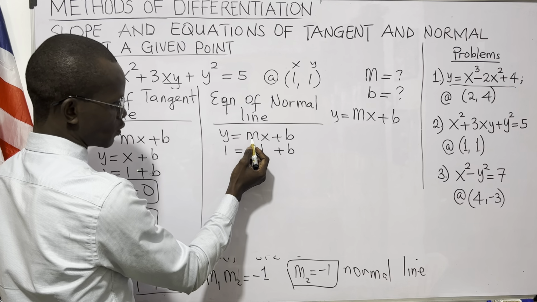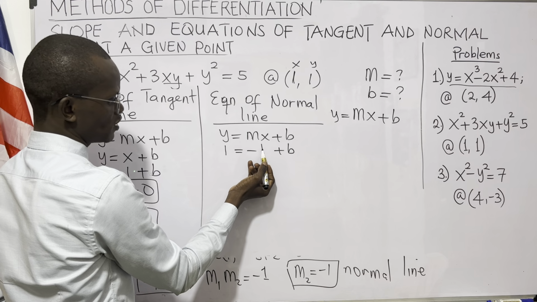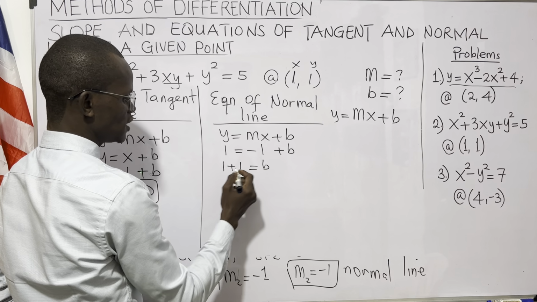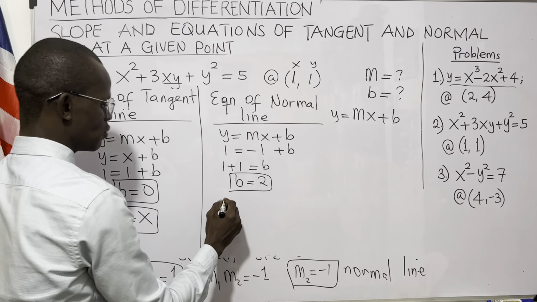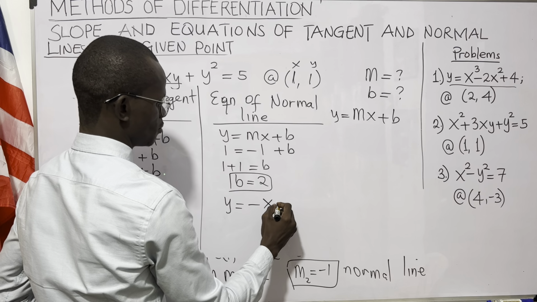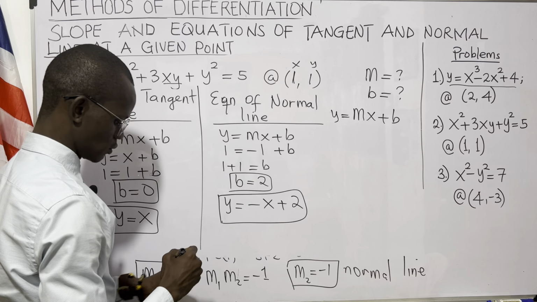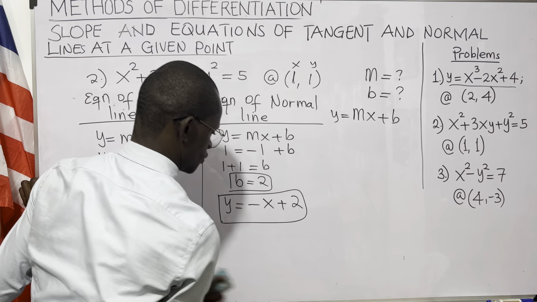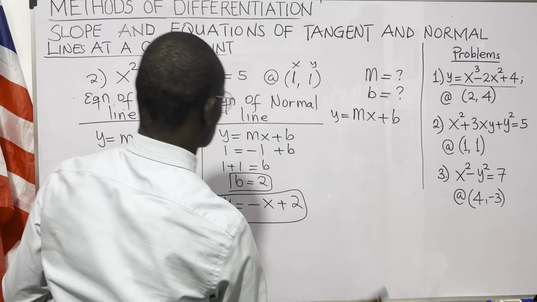Because the slope is minus 1, and x is positive 1, it's just minus 1. If this minus 1 goes across, it becomes positive 1. So b is equal to 2. Now if b is 2, we have y equals minus x plus 2. So this is how we find the equation of a normal line and a tangent line.